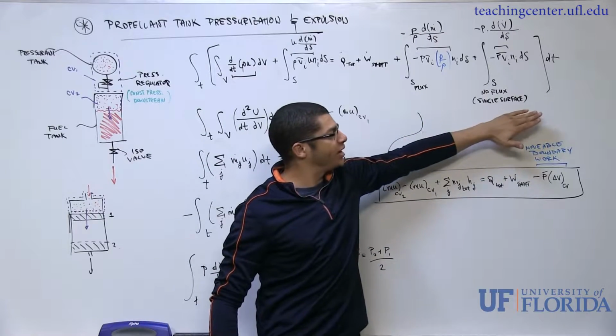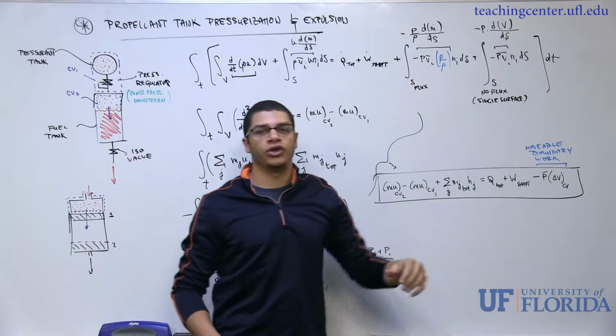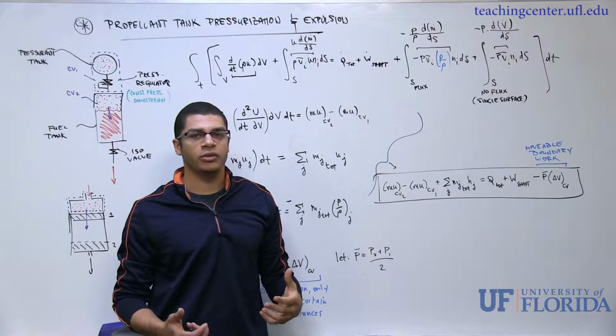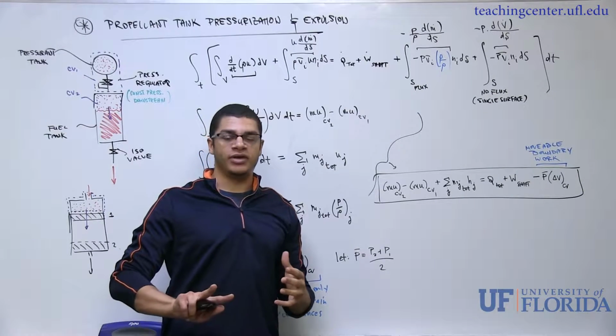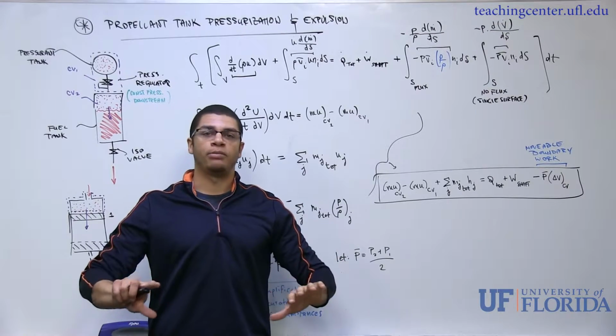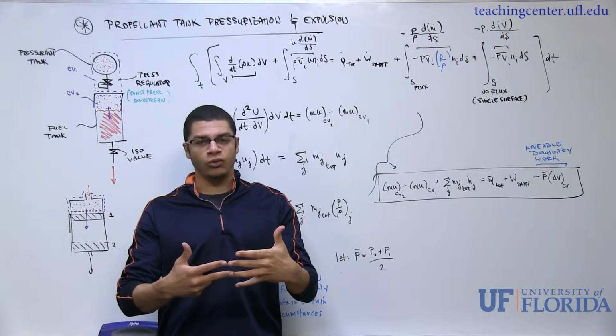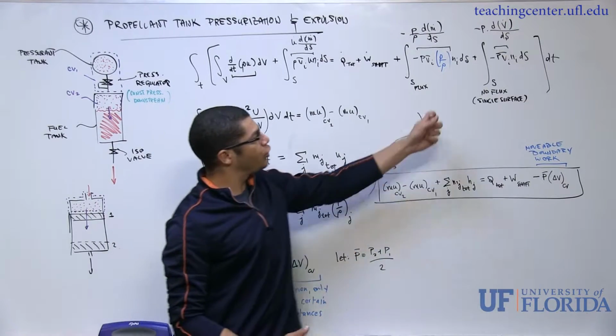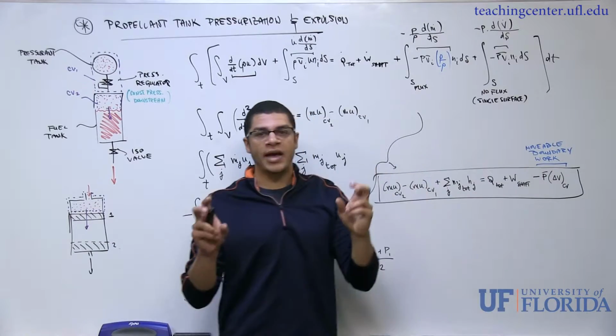Now, this one I am going to associate with a deformable portion of my control volume. This is how I'm going to model how the control volume interacts with the surroundings by pushing on the surroundings, but with a moving boundary rather than flow crossing the boundary. So they're equivalent types of boundary work.